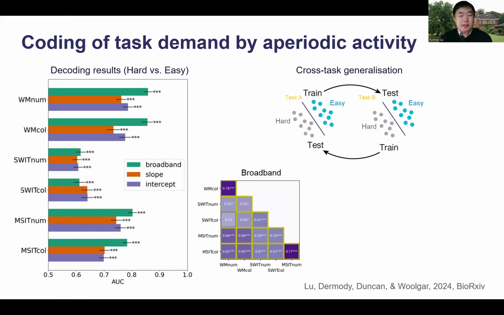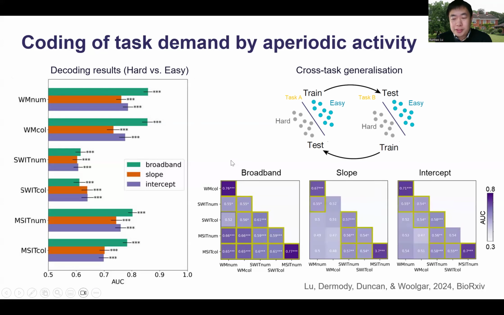As we showed here, for broadband power, the patterns to classify hard versus easy are really cross-generalizable across tasks. There is only one cell not above the significance level, but all of the other cells reach significance. For slope and intercept, they can be generalized across some of the tasks, but not all.